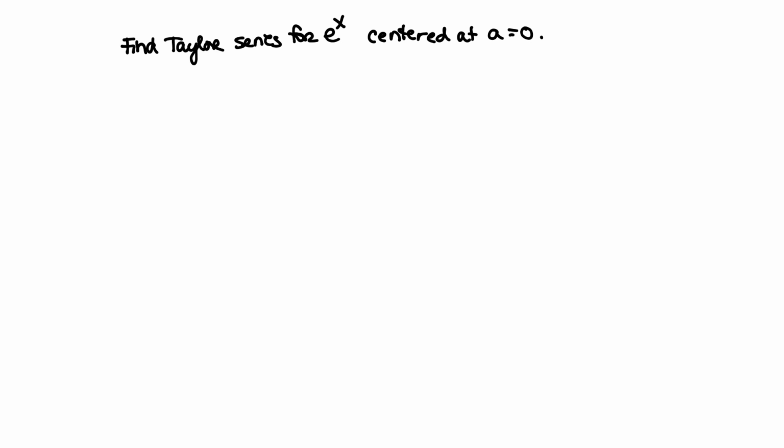And I'll just write our formula down again so we have it. It's the sum from k equals 0 to infinity of the kth derivative of f at 0, because we're centering it at 0, divided by k factorial times x minus 0 raised to the kth power.